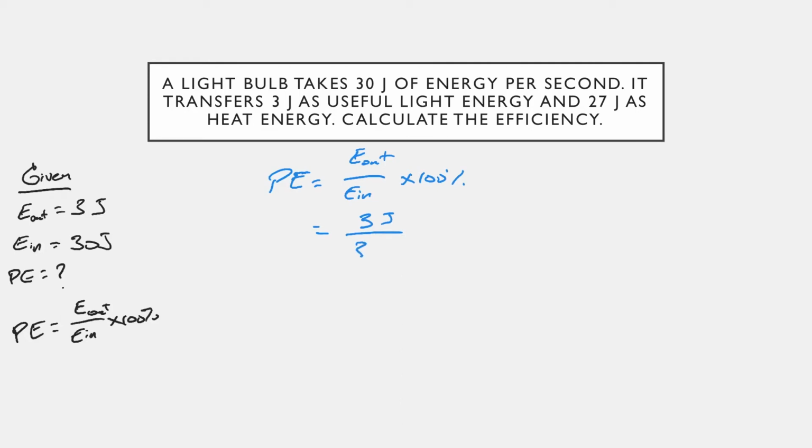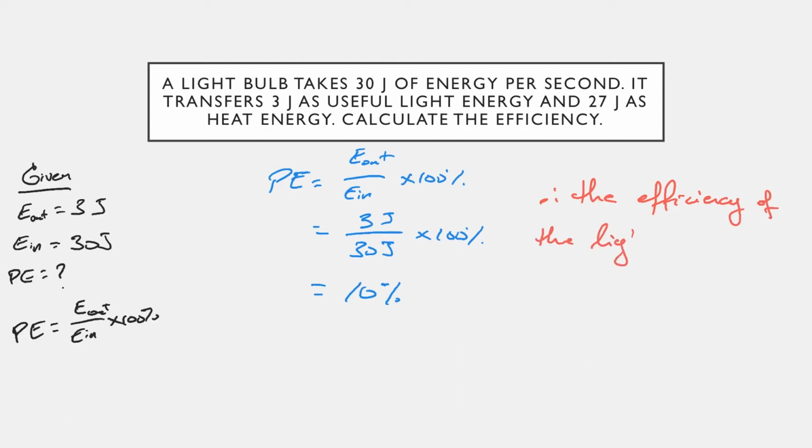The energy input is 30 joules. And that means overall, we have a 10% efficiency. So we can say, therefore, the efficiency of the light bulb is 10%.